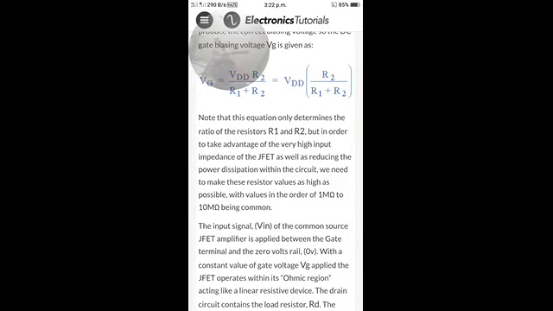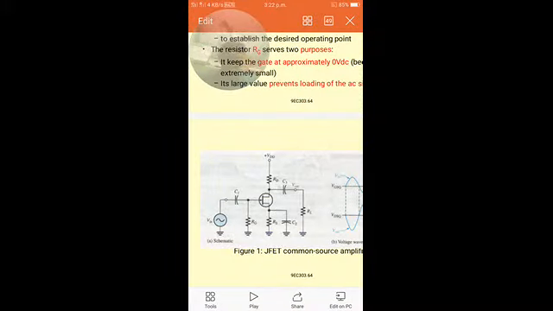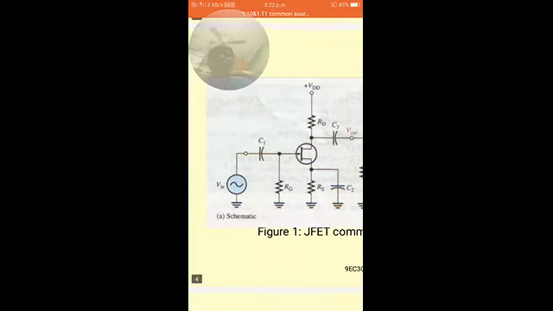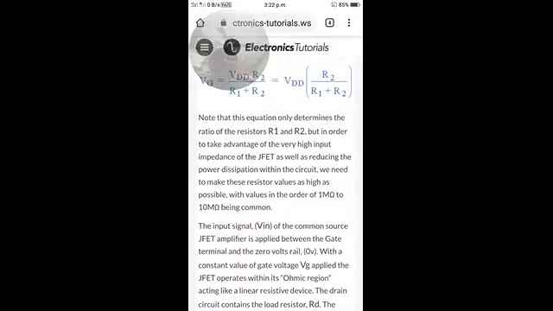The input signal Vin of the common source JFET amplifier, the signal to be amplified, is applied between the gate terminal and the source with a constant value of gate voltage Vg.